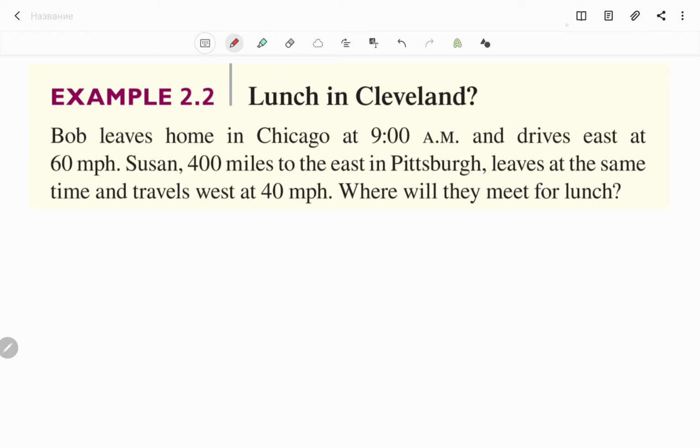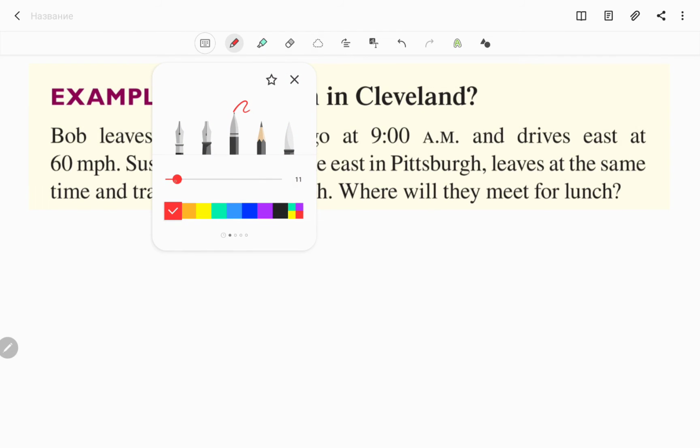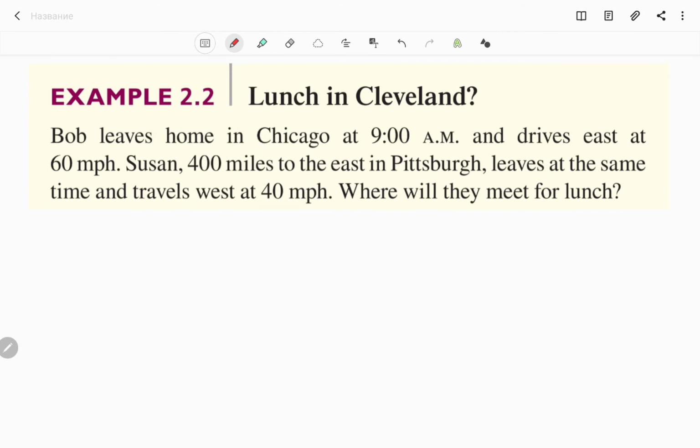For example, let's solve this problem. What do we have? Bob leaves home in Chicago at 9 a.m. and drives east at 60 miles per hour.